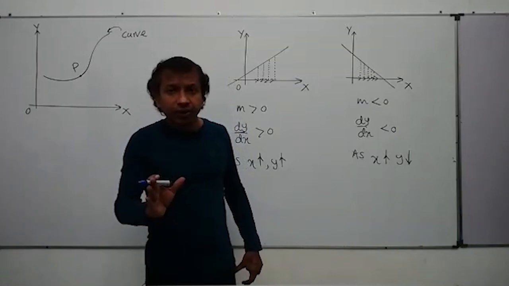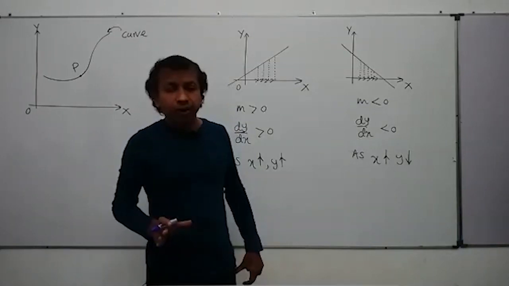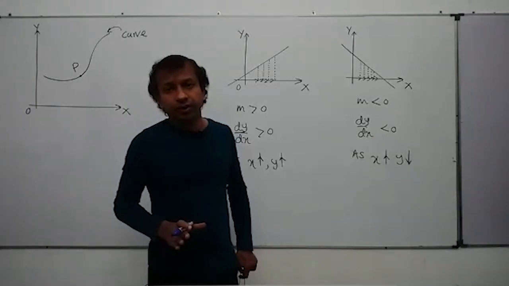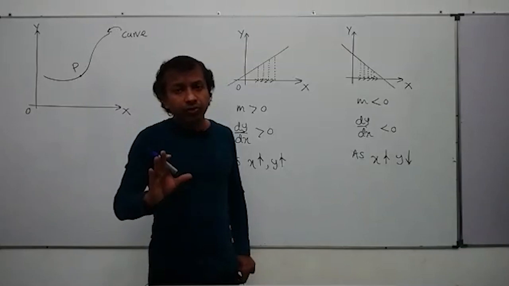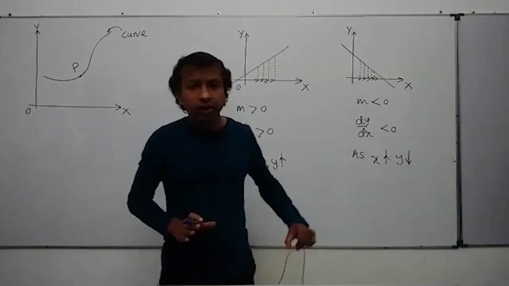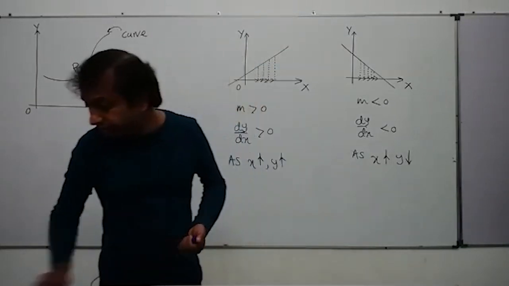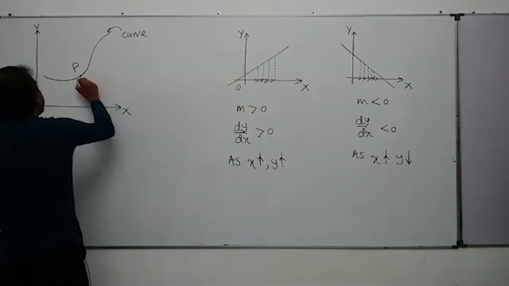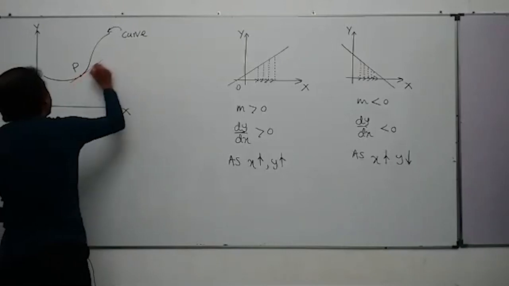In physics, you have learned how to construct a tangent line to a curve at a given point on the curve. So here also we construct that tangent line to the curve at the point P this way.